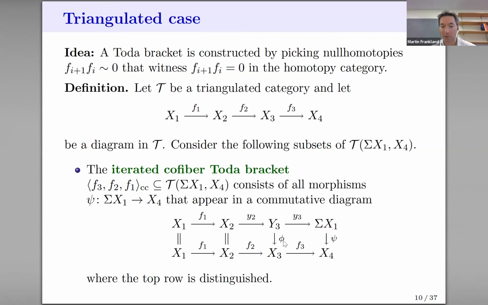That's this phi right here. And then because F2 and F3 also compose to 0, you'll be able to pick this further map psi over there. And that psi is an element of that Toda bracket.